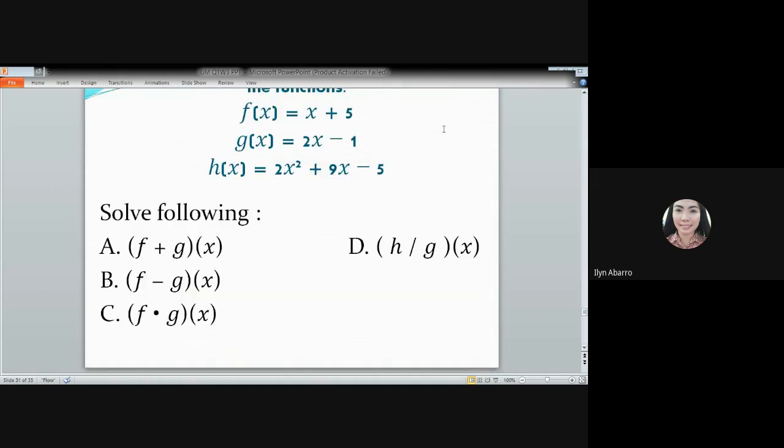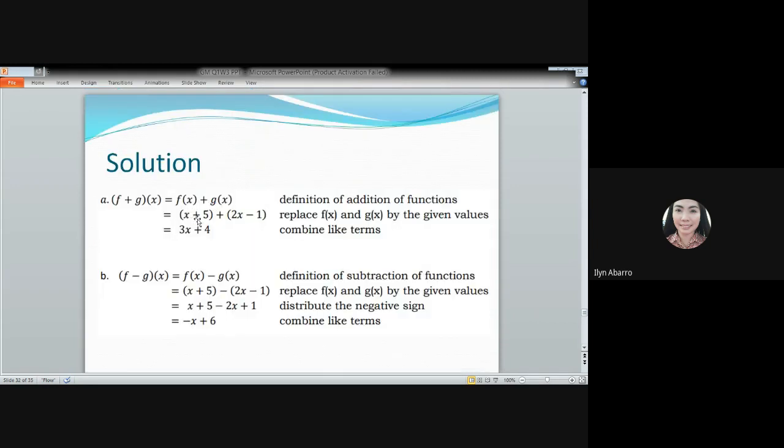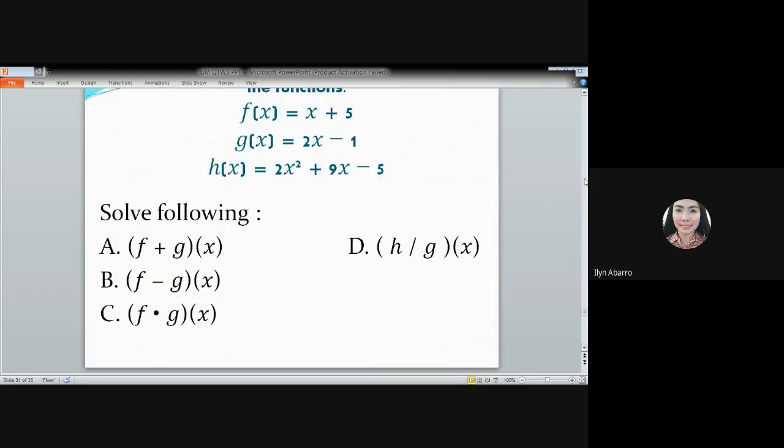From the given, our f of x is x plus 5. So, in place of f of x, we will write x plus 5 plus, substitute the value of g of x from the given. So, the value of g of x from the given is 2x minus 1.